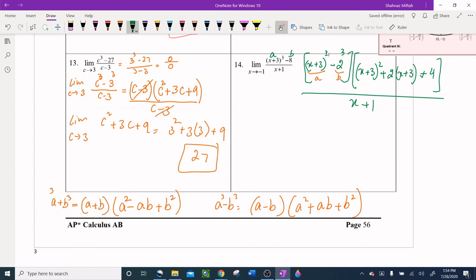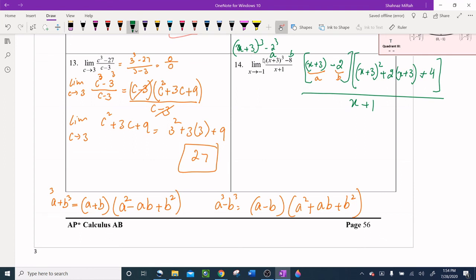Oh, this is not supposed to be like that. This one's supposed to be x plus 3 cube minus 2 cube, and then we get this. This one is not supposed to be here. I'm sorry, I was writing something down, but this is what it is.